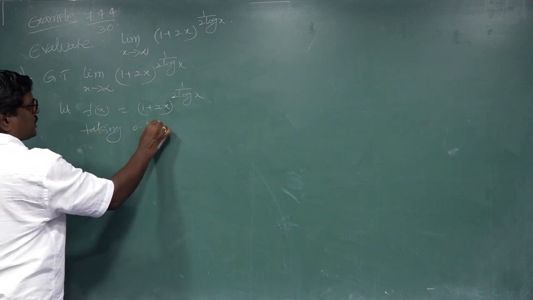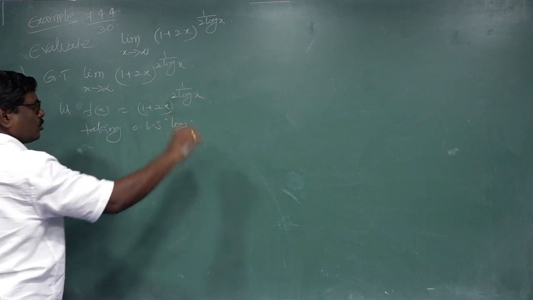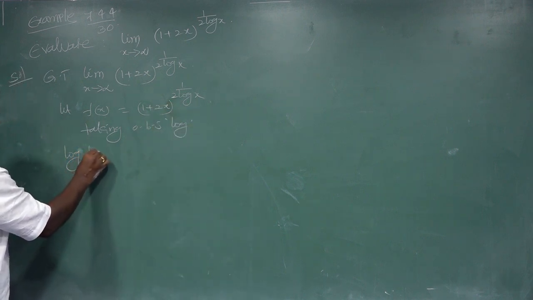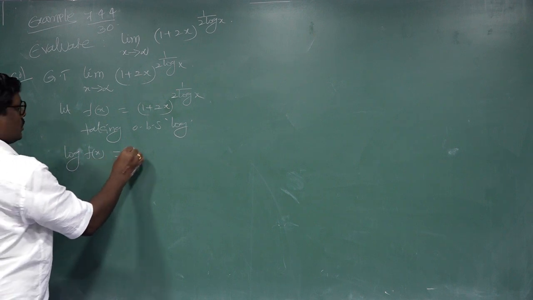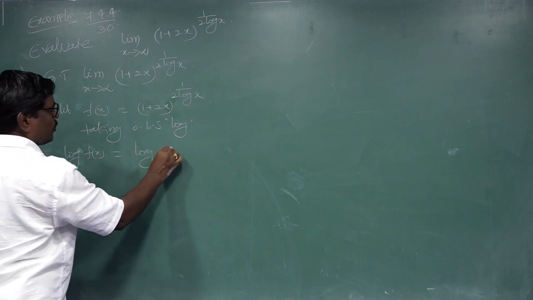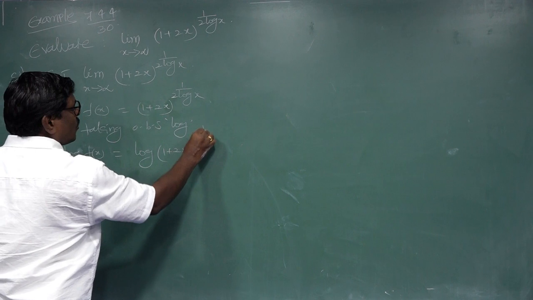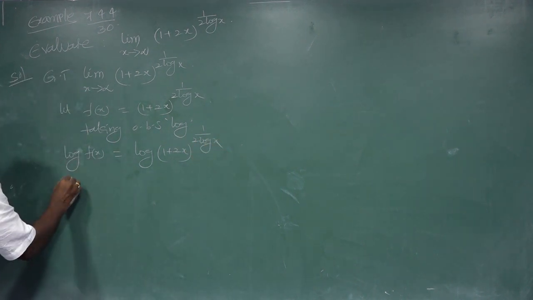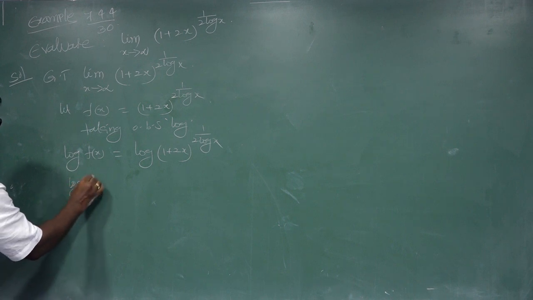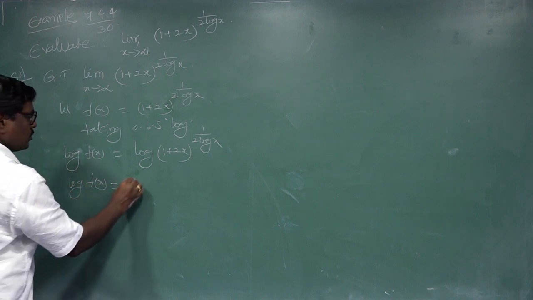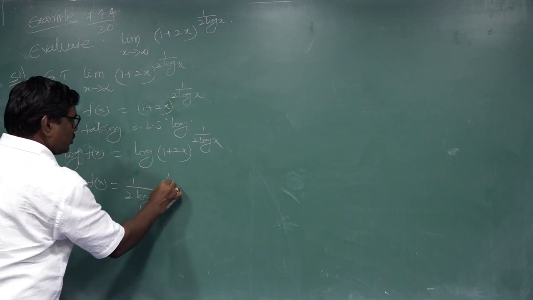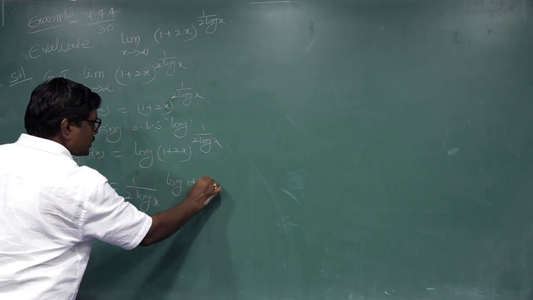Take the log on both sides. Log of f of x equals log of (1 plus 2x) to the power of 1 by 2 log x, so log of f of x equals 1 by 2 log x times log of 1 plus 2x.